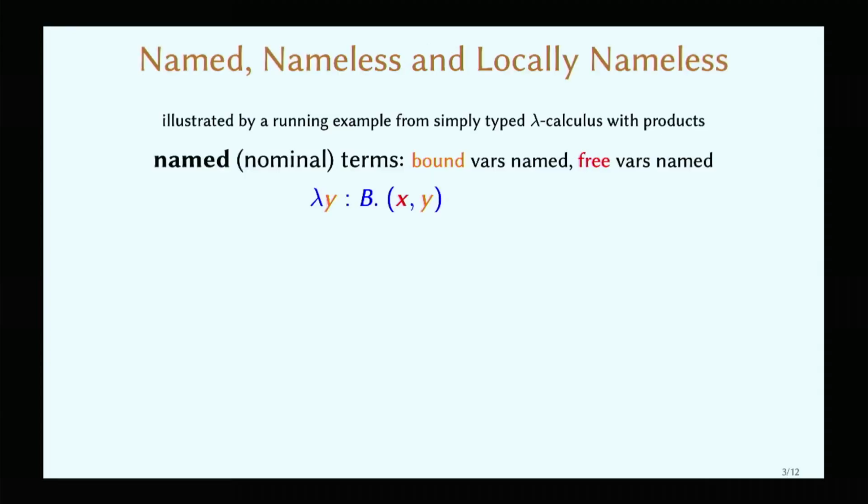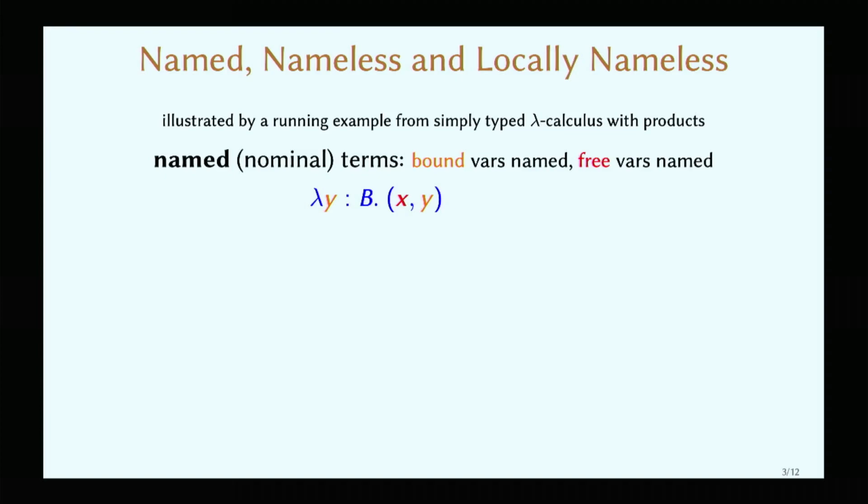So let me begin by telling you what the locally nameless representation is. As the name suggests, it's a combination of named and nameless representations. I'll use a running example from the simply typed lambda calculus of a very straightforward kind. If we look at this term here, the function that takes something of type B and returns a pair x y.